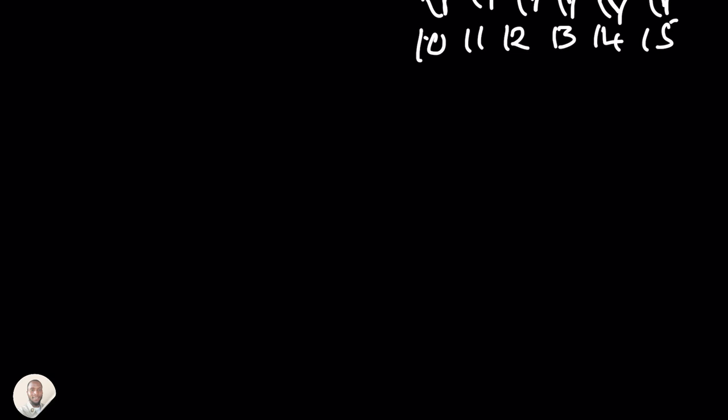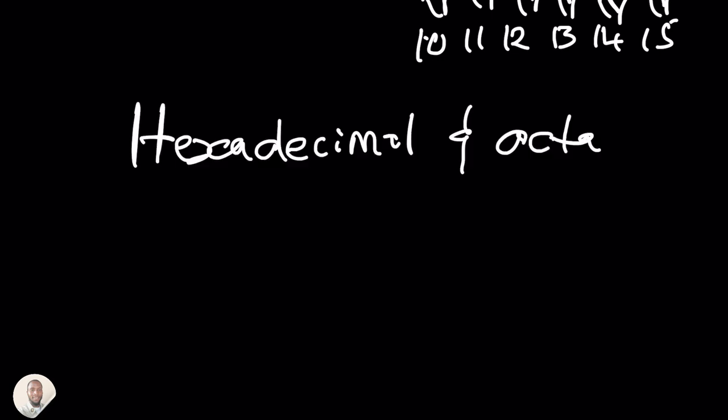So hexadecimal, which is base 16, is used to shorten long binary numbers, making them easier to read and work with in computer programming. I can say hexadecimal and octal work hand in hand in the sense that they help shorten binary codes. So how does hexadecimal work in computers?